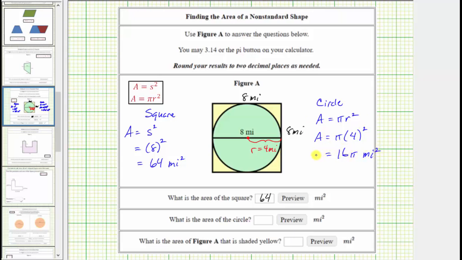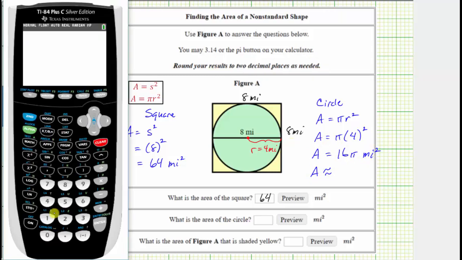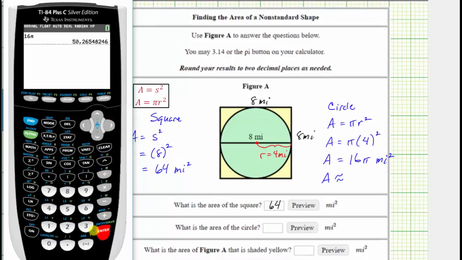miles. So this is the exact area of the circle, but for this question we are told to use 3.14 or a pi button on the calculator and then round to 2 decimal places. So now we'll use the calculator to get a decimal approximation for the area. We enter 16. On this calculator, the pi key is second, and then the exponent key, or the caret. Enter.